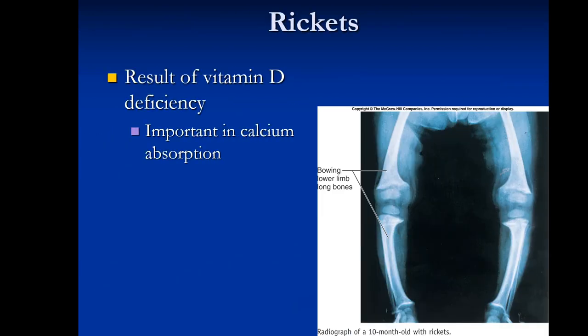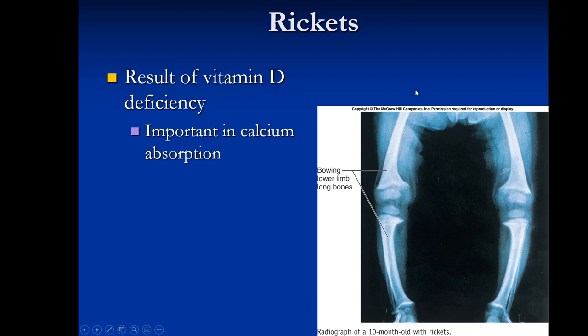And talking about a couple of disorders, or at least one disorder right here really quick. There's a disorder called rickets, which isn't overly common in the United States, but it can happen. It's really a result of vitamin D deficiency. Vitamin D is important, like we said, for calcium absorption. So what happens in rickets, if you don't have enough vitamin D, the bones don't get enough calcium and they become soft.